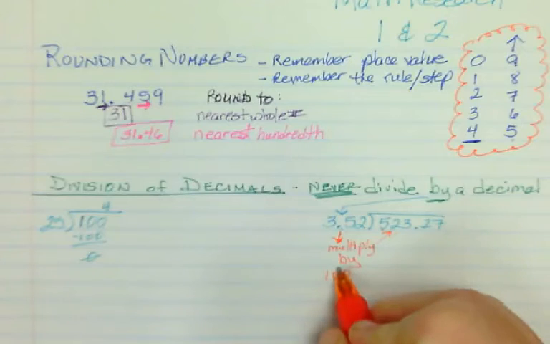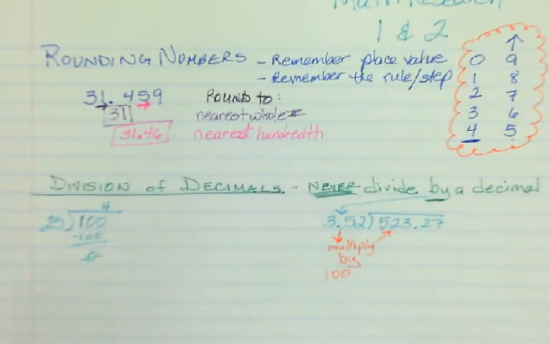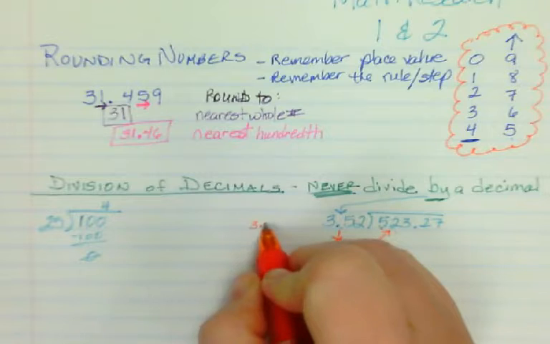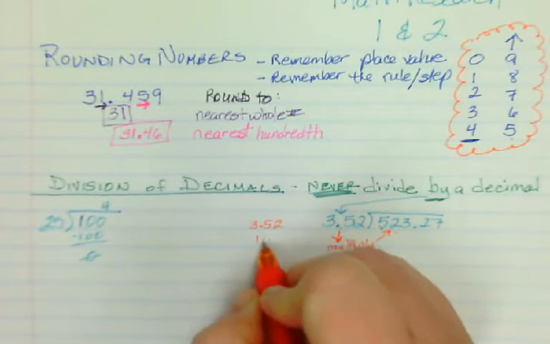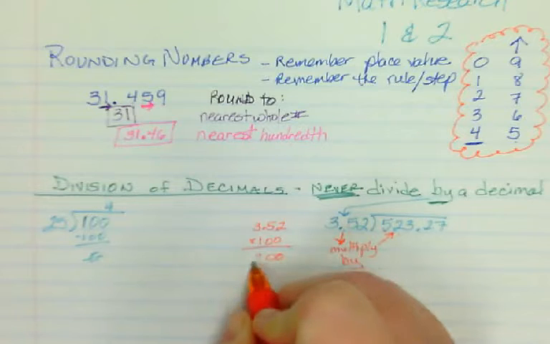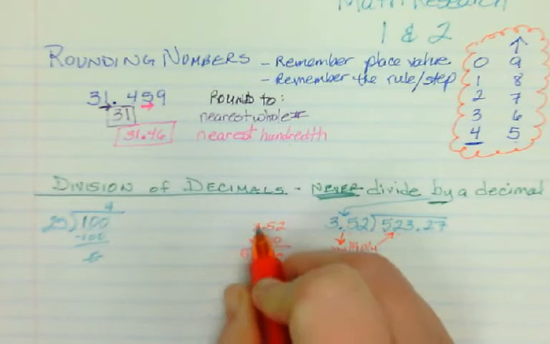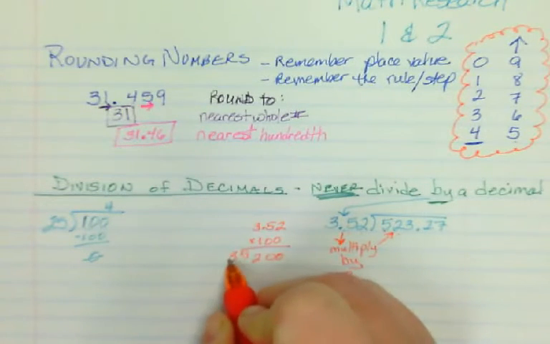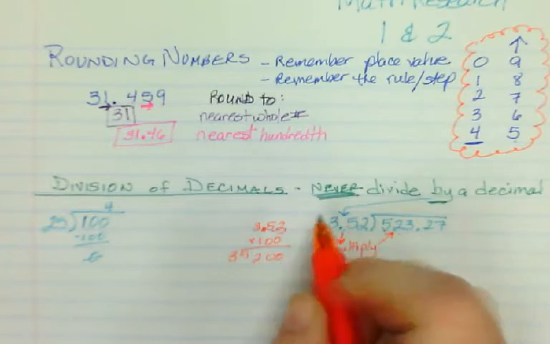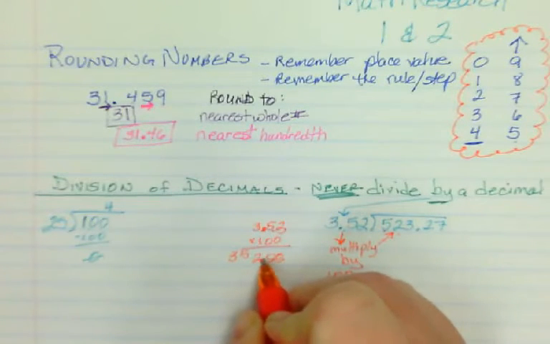So multiply this one by 100 and then multiply that by 100. So if I do this, I've got 352 times 100. And then because I've got 1, 2 decimal places here, I have to go 1, 2 decimal places there.